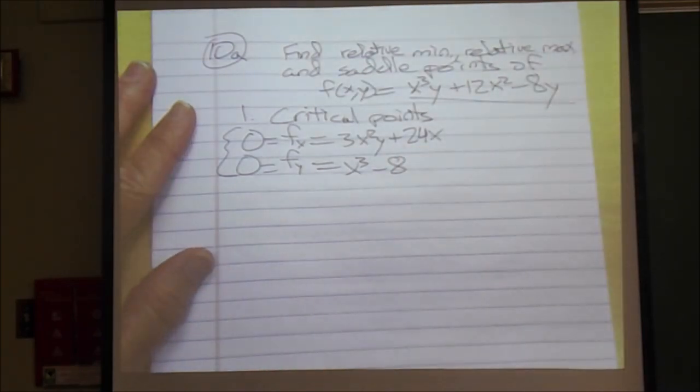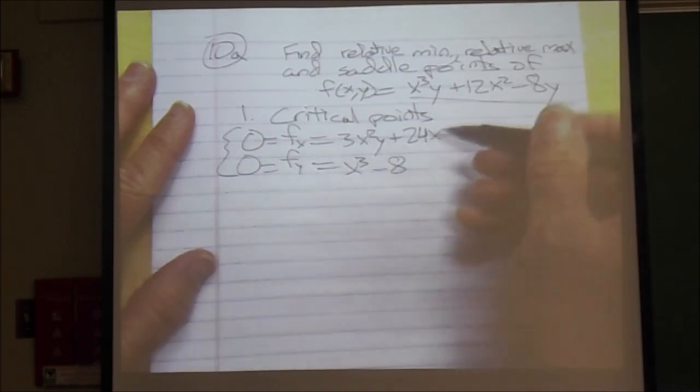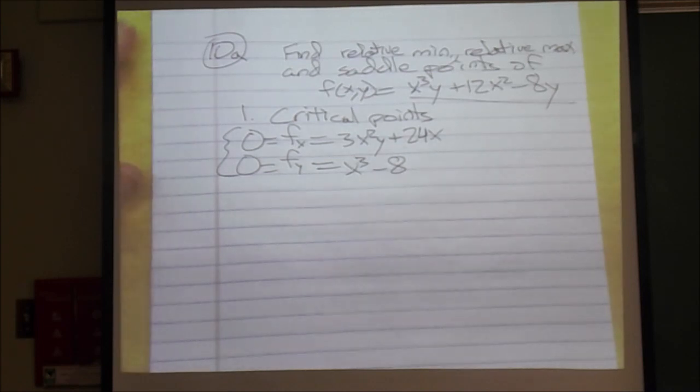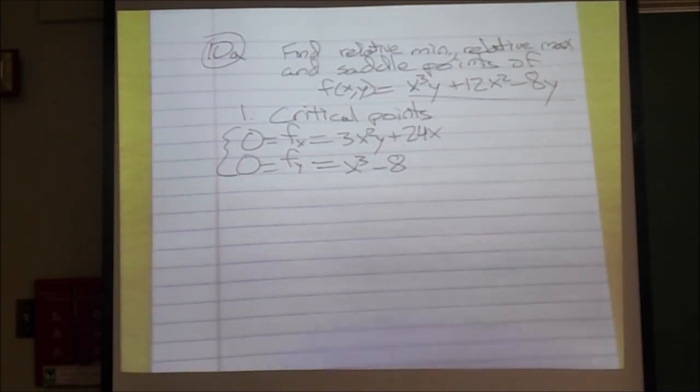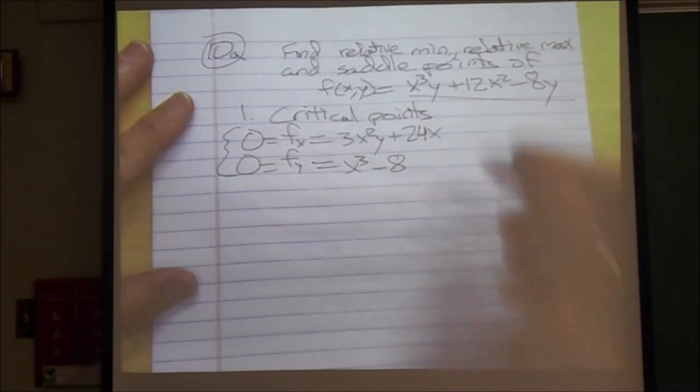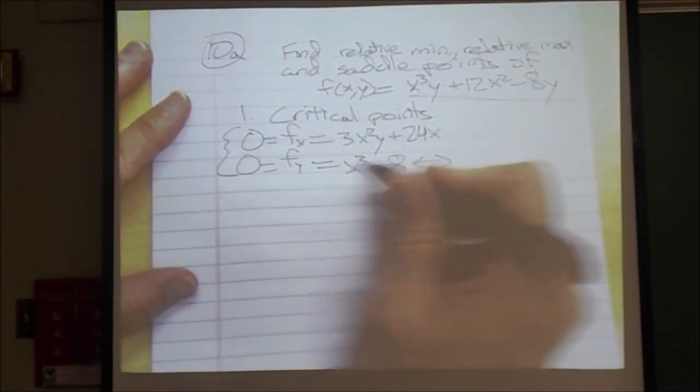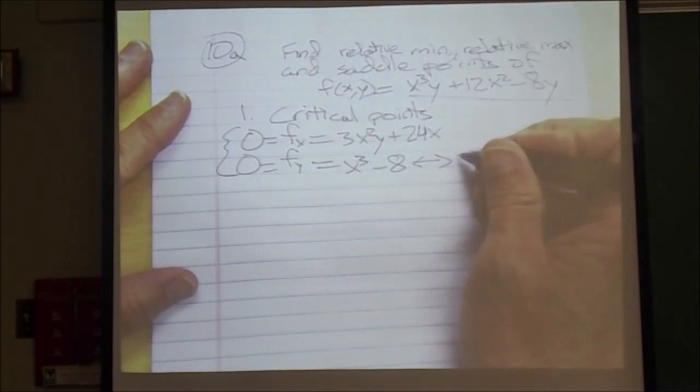How do we solve that? In general, there is no nice method for solving a system of nonlinear equations like this. It's just by hook or by crook, by whatever algebra you had before and whatever other tricks you know. Well, I remember from algebra that this one, x cubed minus 8 equals 0, factors like this.